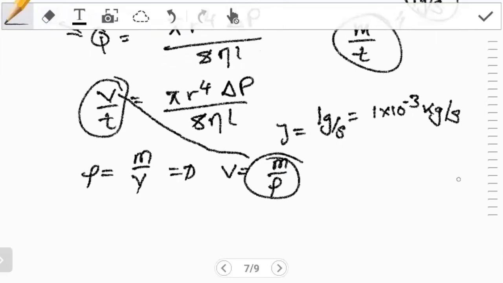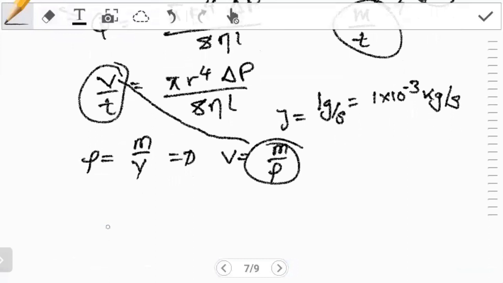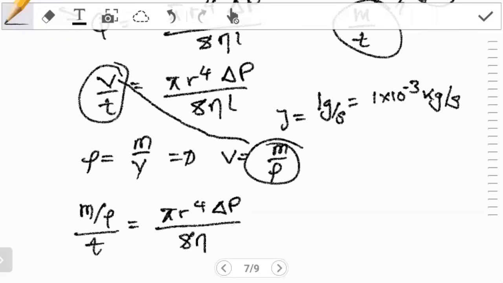So now how will it look? Now what I have is m over rho, divided by t, is equal to pi r to the 4 change in p over 8 eta, and then we have L here.